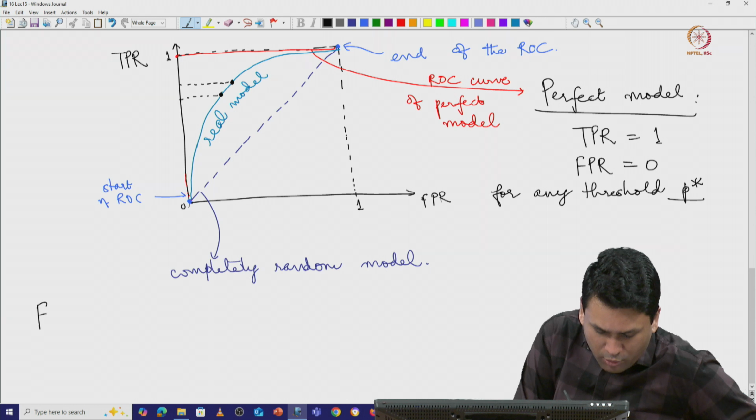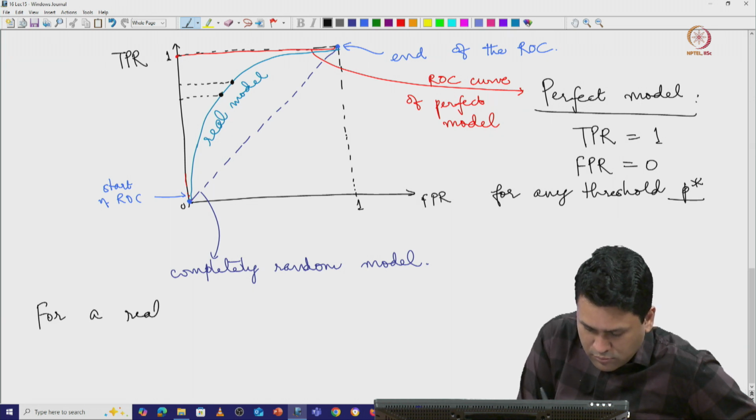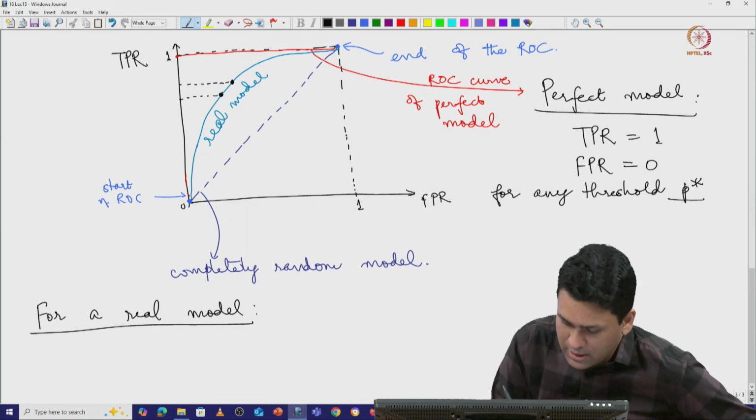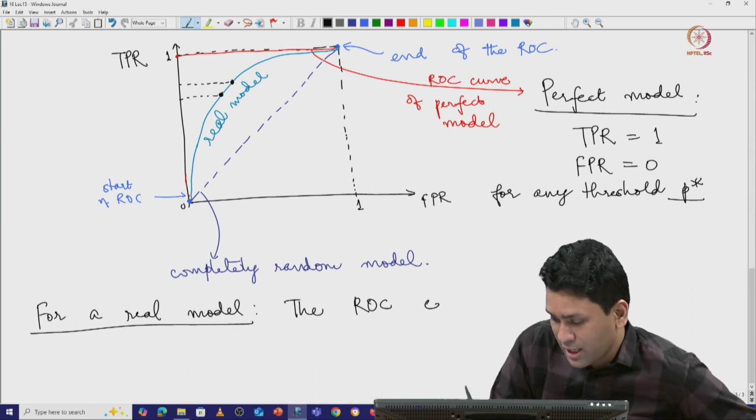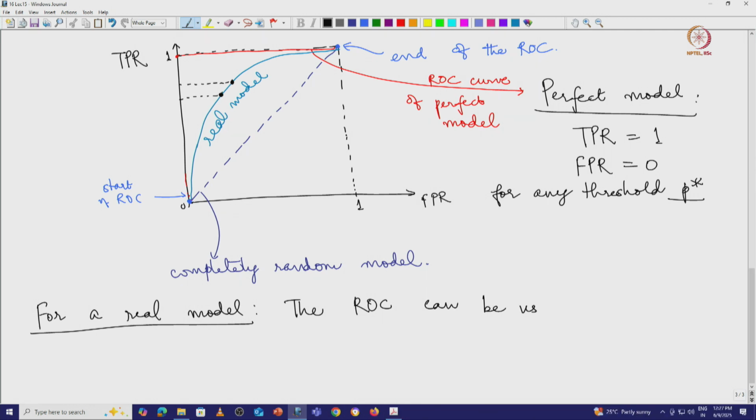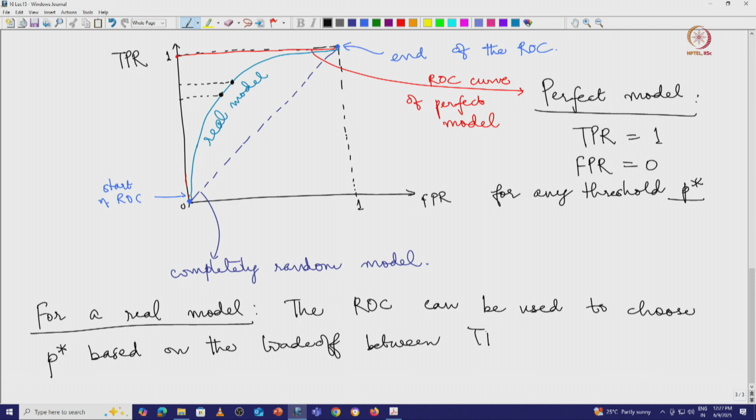So, for a real model, the ROC can be used to choose the threshold P star based on the trade off between the true positive rate and the false positive rate.